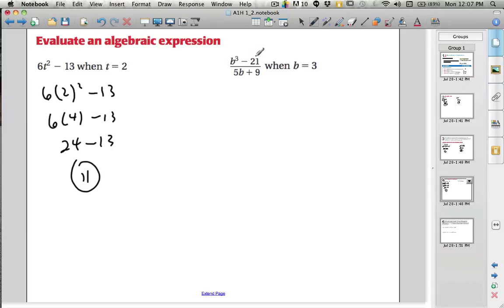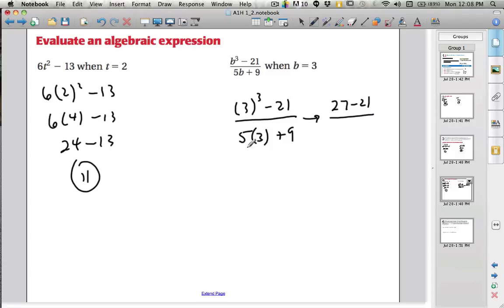Equally, when I substitute 3 in for b, I'll have 3 cubed minus 21 divided by 5 times 3 plus 9. So the first thing I'm going to do in the numerator is the exponent. 3 to the third power is 27.